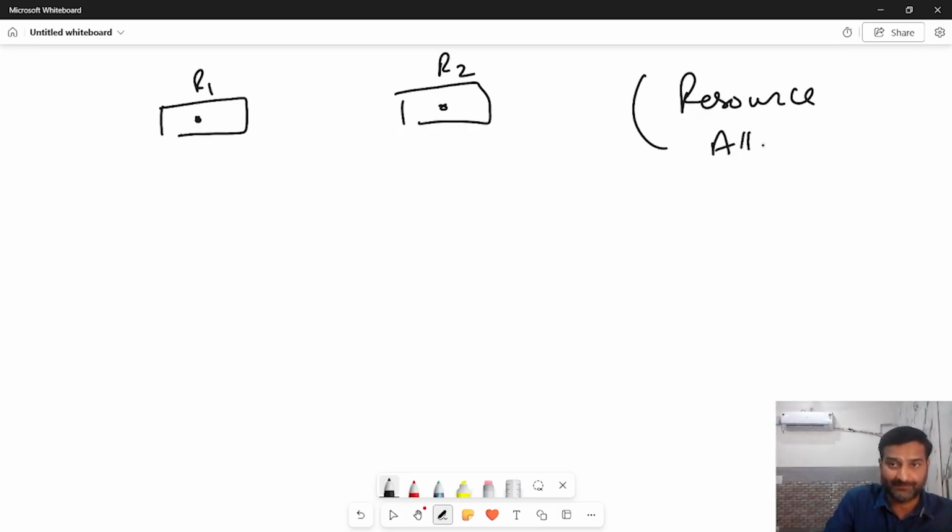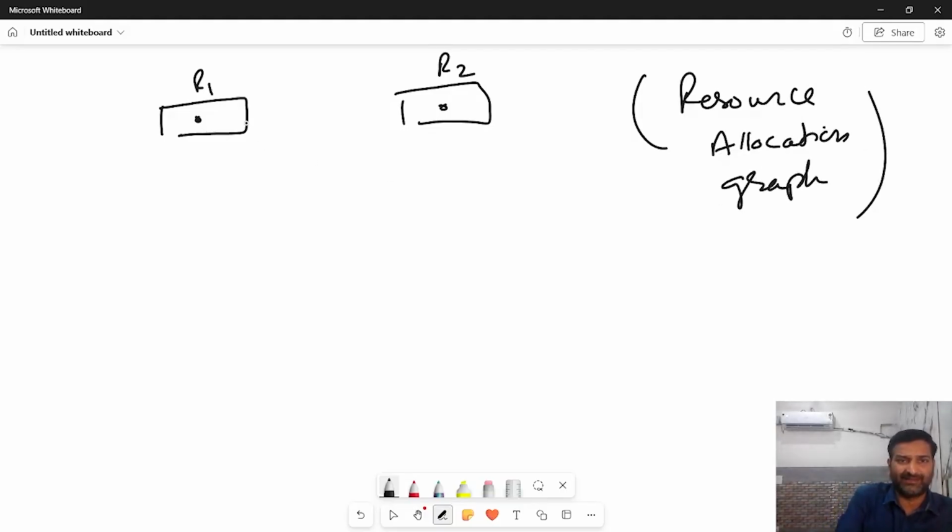In the resource allocation graph, we use various symbols. For a resource, we use a rectangular box with dots. The dot says whether it is a single instance or of multiple instances. So the resource allocation graph says that this is the resource R1.